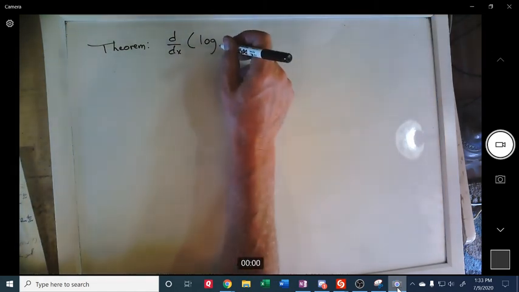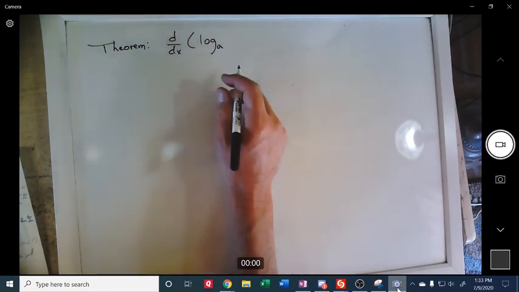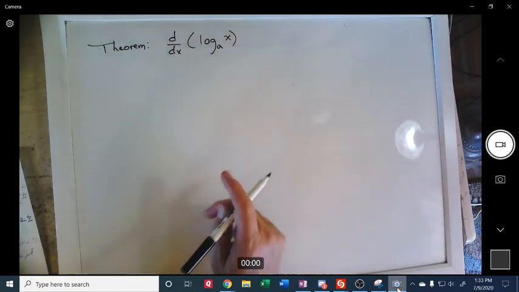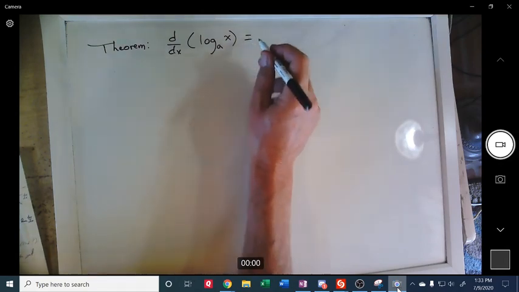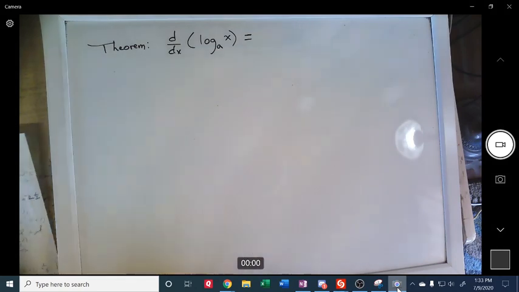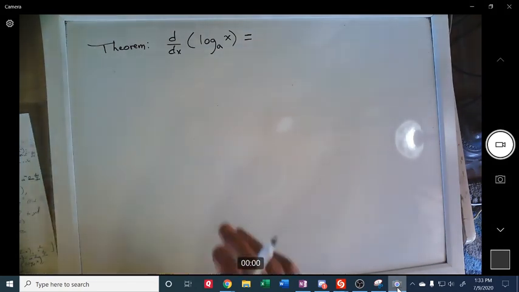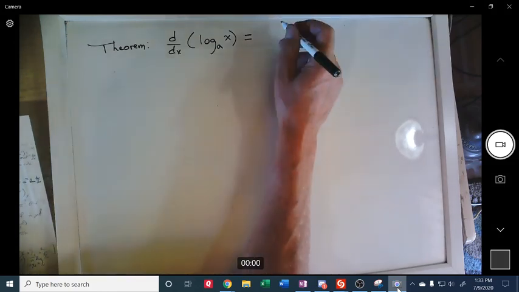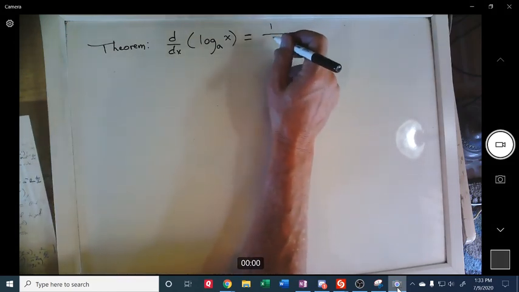But what if the base isn't e? Then we put log base a of x. Now if you take the derivative of ln x, you just get 1 over x. We're going to get something very similar.